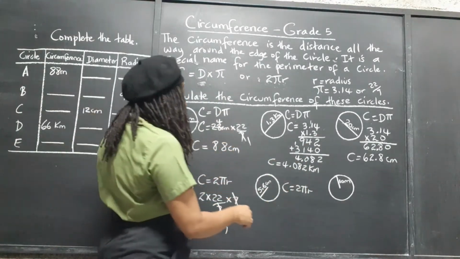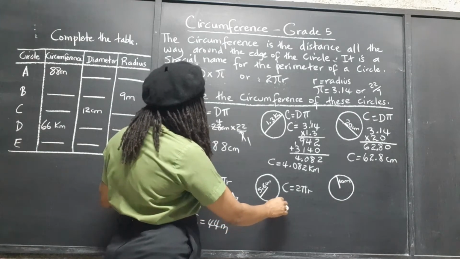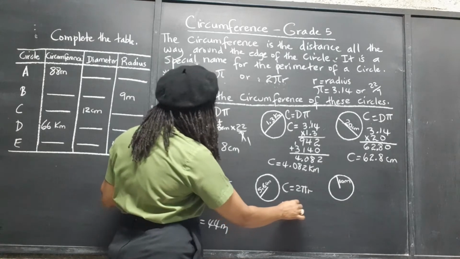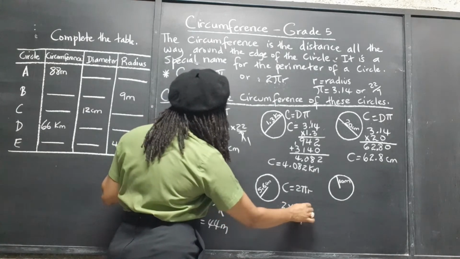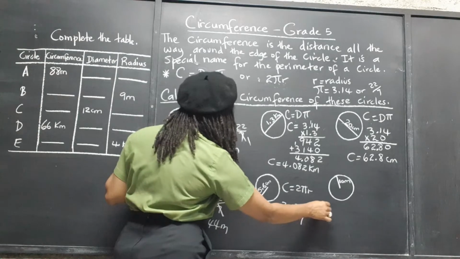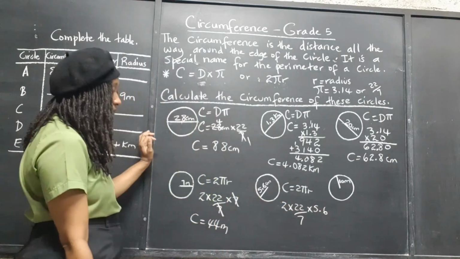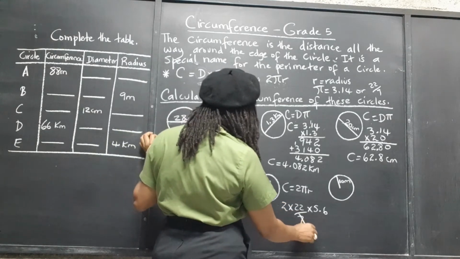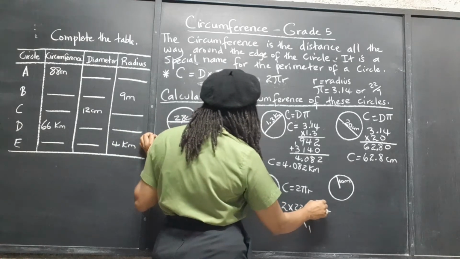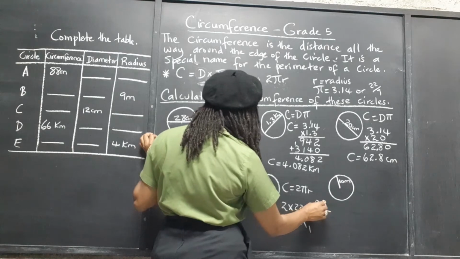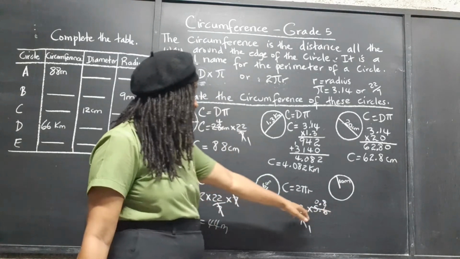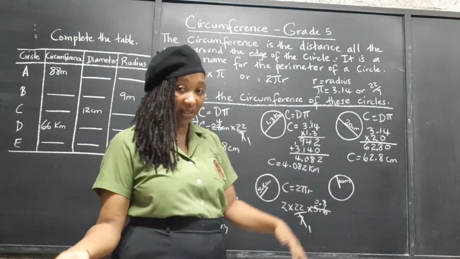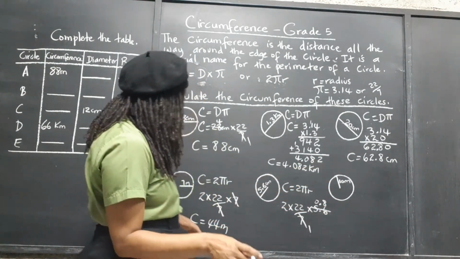So I'm going to actually still use the fraction. So 2 times 22 over 7 times 5.6. And the 7 goes into that 0.8. 7 into 56, 8 times, so 7 into 5.6, 0.8. Decimal, but we're good with that.